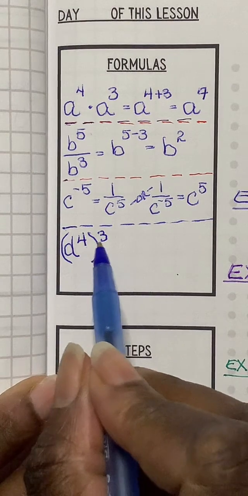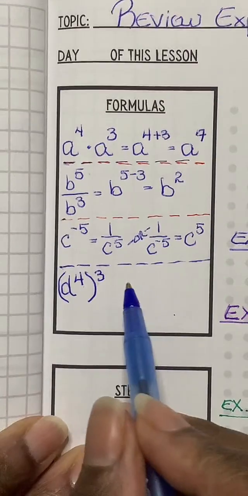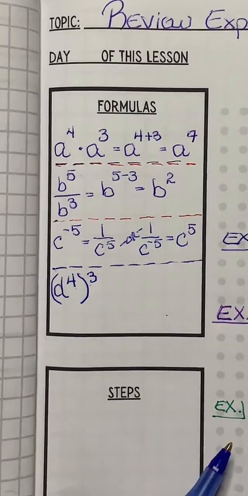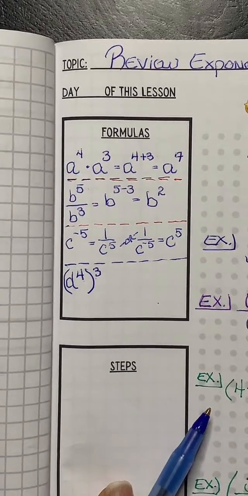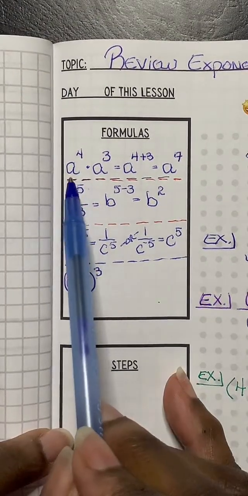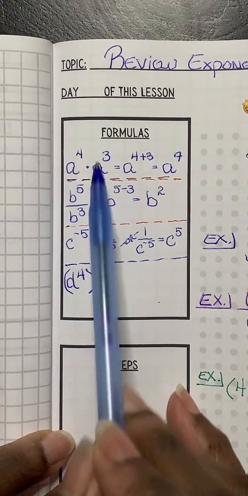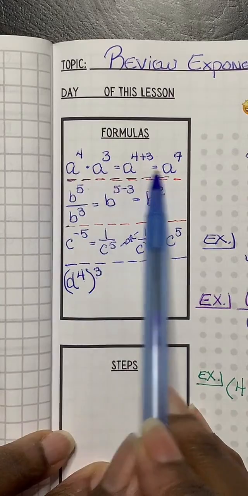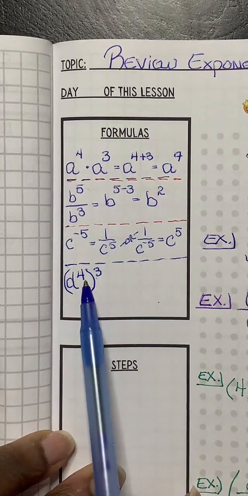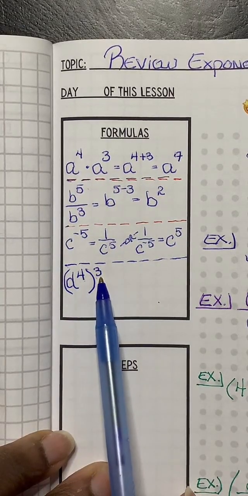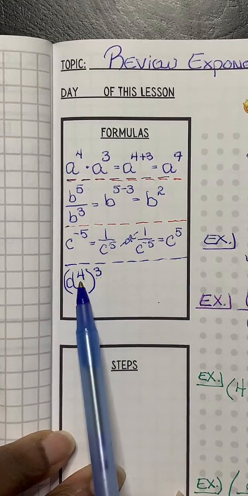This is the one that you multiply, okay? Let me zoom in a little bit more. When it's just a power being multiplied by a power, that's when you add the exponents. But when you have a power being raised to a power, that's when you multiply the exponents.